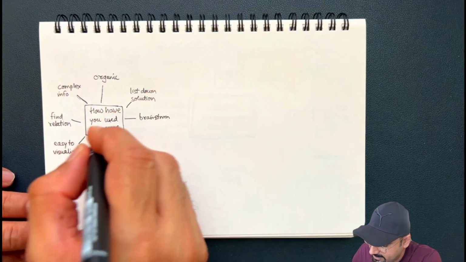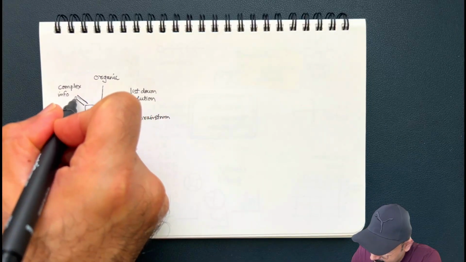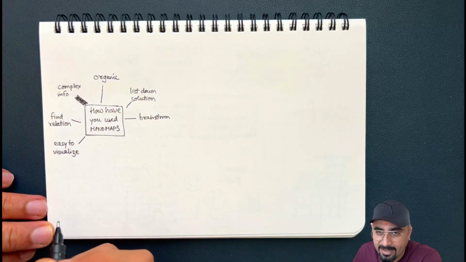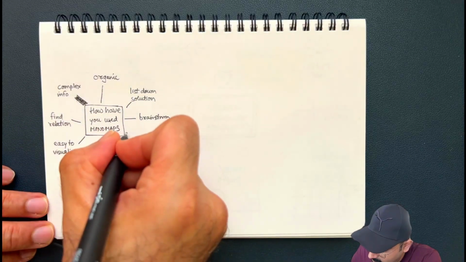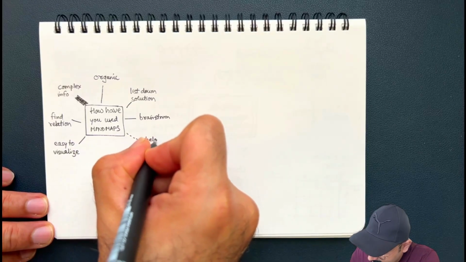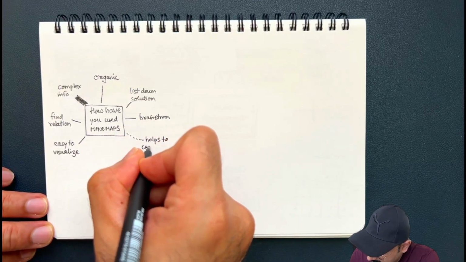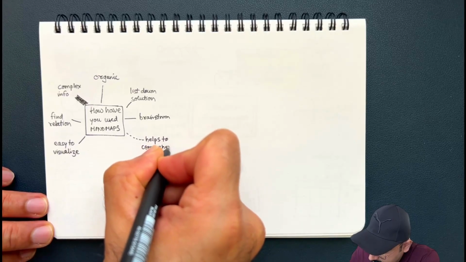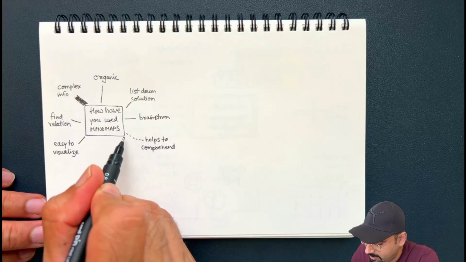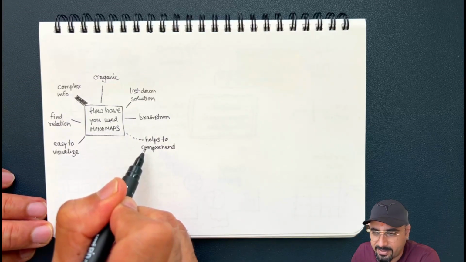So let's say presenting complex info using mind map is the strongest one, so I make that line bold. Mind map helps to comprehend, but I think it is not very strong, so I'll just draw a dotted line over there.